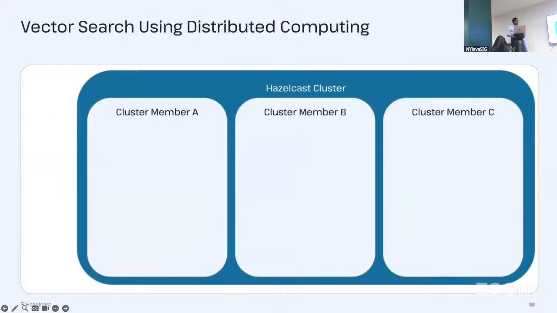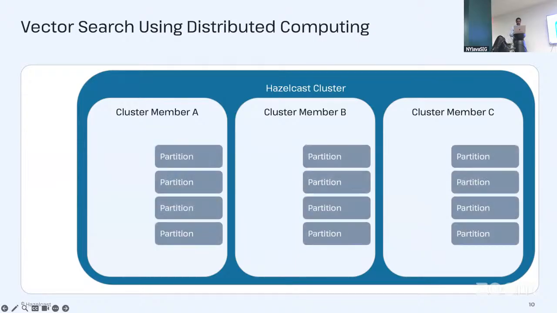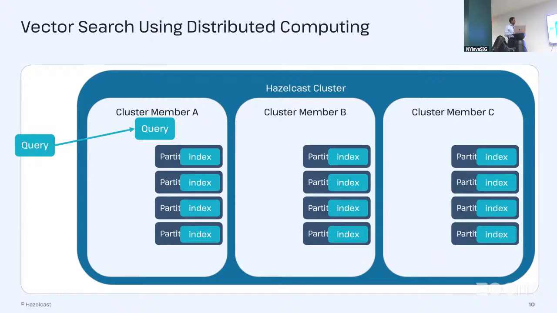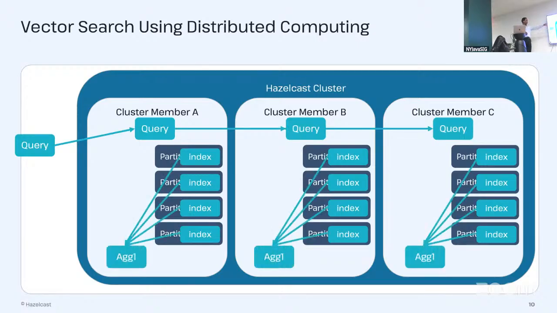Works similarly. So the vector search and storage within Hazelcast, again, it's partitioned and indexed across clustered instances of Hazelcast. When your query comes in, it goes to a coordinating instance. Then the query is sent to all the members.